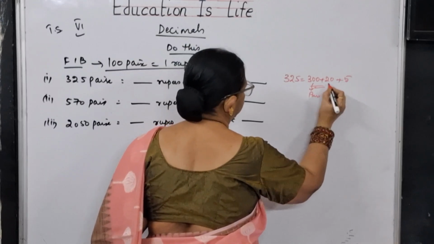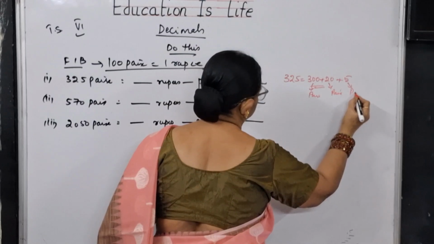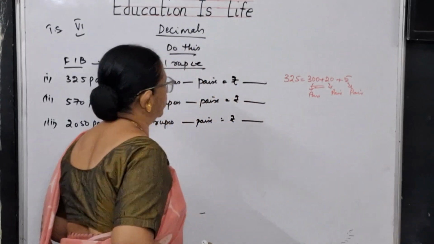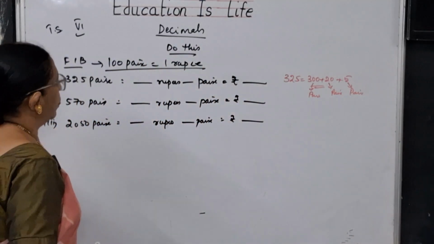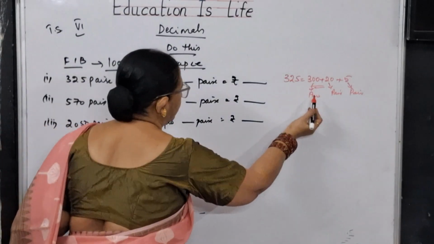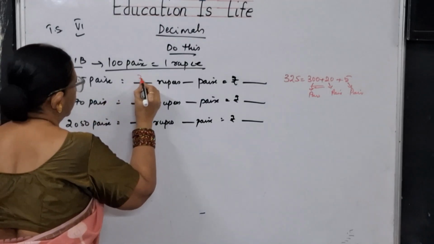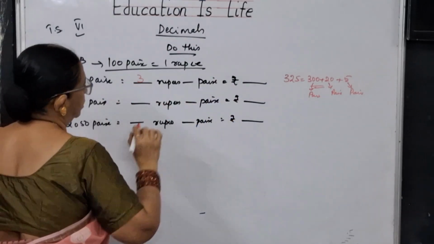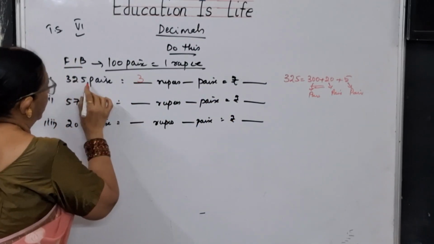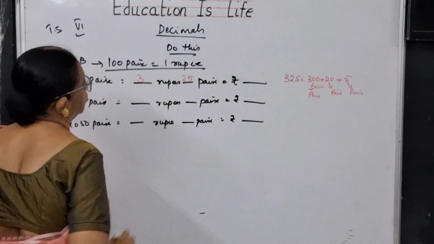All these are paise only because he has given paise. So we know that 100 paise means we will be taking it as 1 rupee. So 300 means what? 3 rupees. 20 and 5, both together you have to write 25 paise.